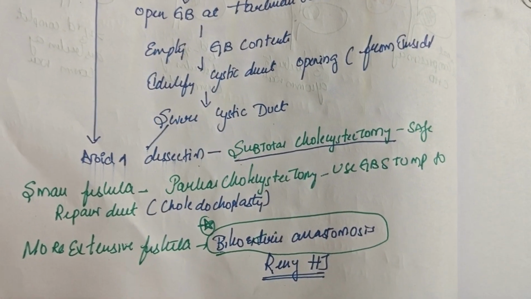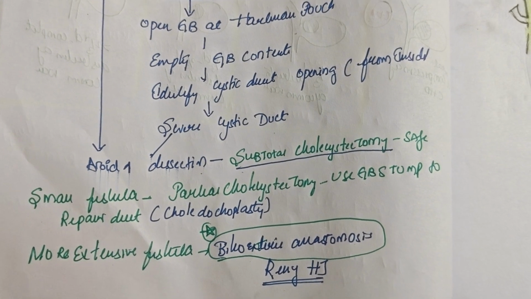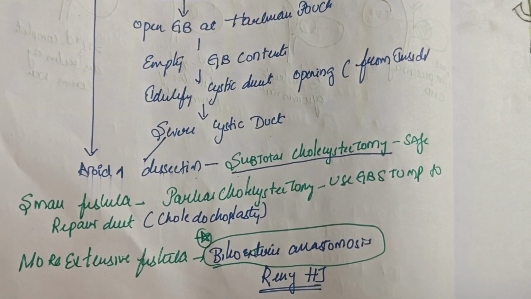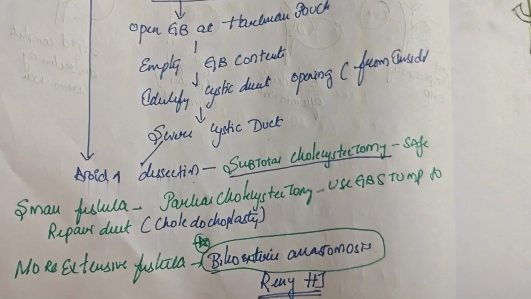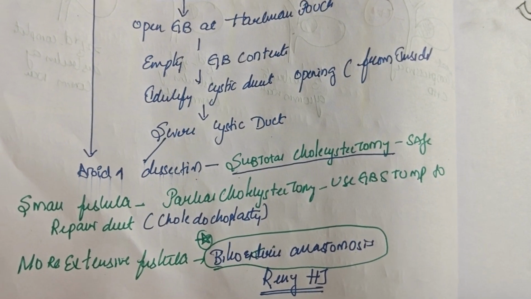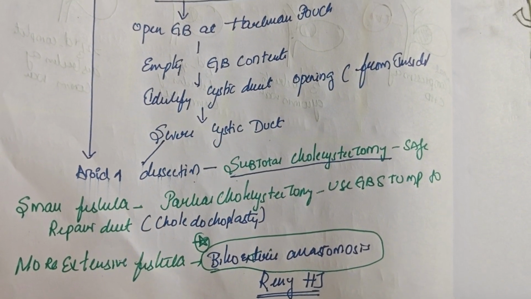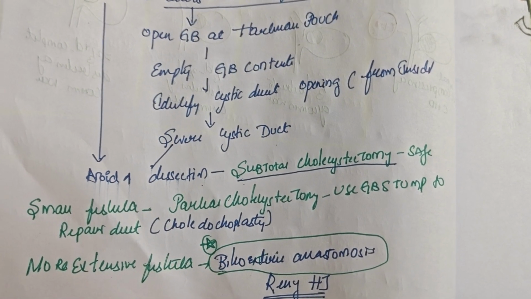Next, we have the more extensive fistula. If there is a more extensive fistula, I connect the biliary apparatus, the bile duct, to the intestine. So it is a bilioenteric anastomosis, like hepaticojejunostomy. You can connect the common bile duct to the duodenum or to the jejunum also.